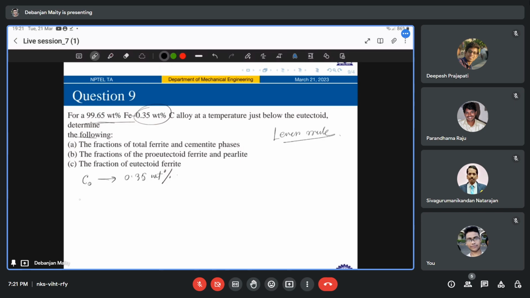And if you see the eutectoid part of this iron-carbon diagram, correct me if I am wrong, this is 0.8 and this is 0.02.